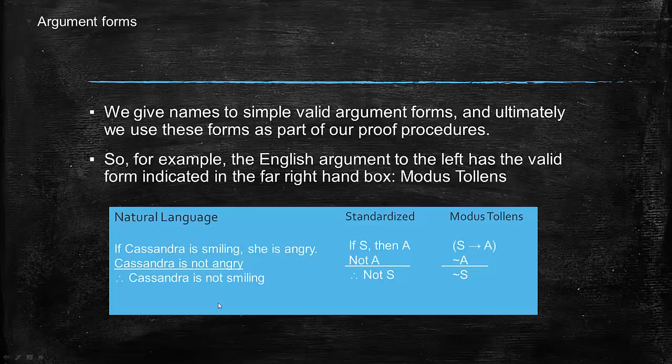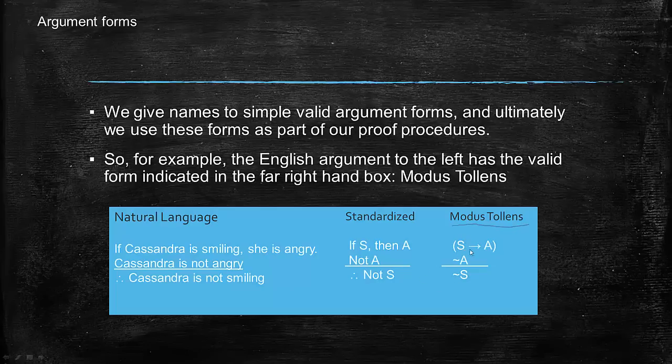So, for example, this English argument: if Cassandra is smiling, she's angry. Cassandra is not angry. Therefore, Cassandra is not smiling. It has a certain form. We call it modus tollens. That's an old Latin term. And this is the form it has.